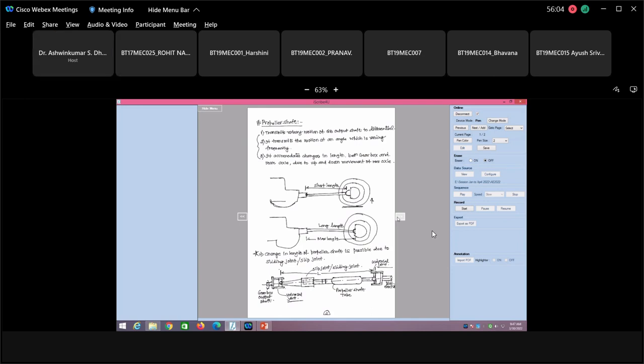Now, a propeller shaft over 1.5 meter length between universal joints causes unbalanced weight.